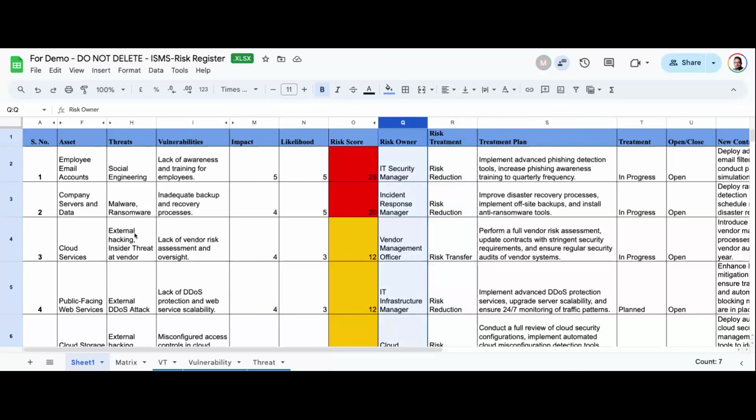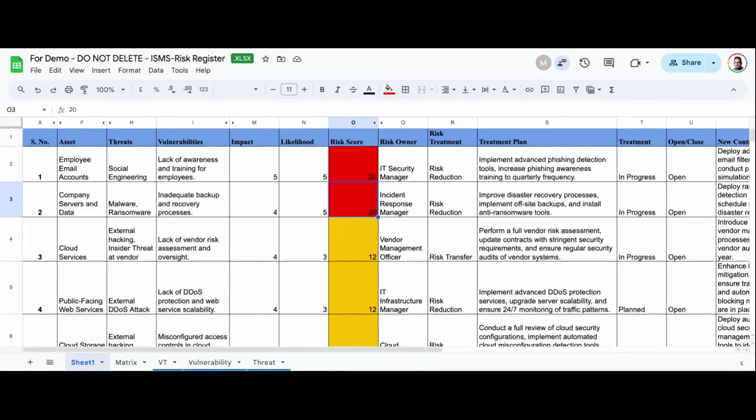So I'll take another example. Company servers and data. The threat may be ransomware and malware, right? Vulnerability could be an inadequate backup and recovery process. Impact would be 4, and likelihood could be high depending upon the industry, because ransomware and malware are quite common these days. So the risk score becomes 20, which is very high.